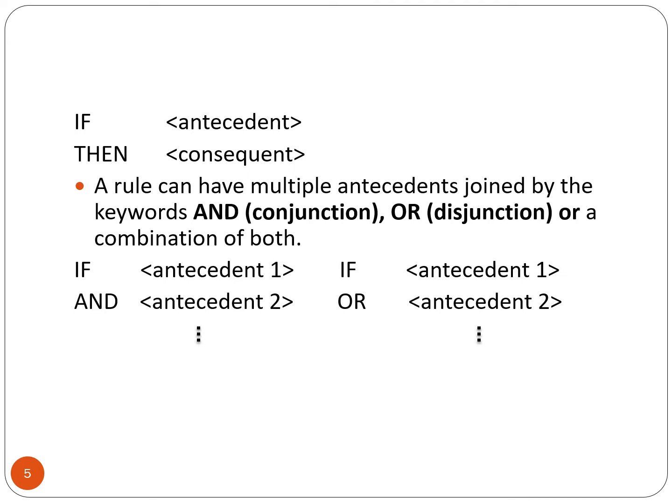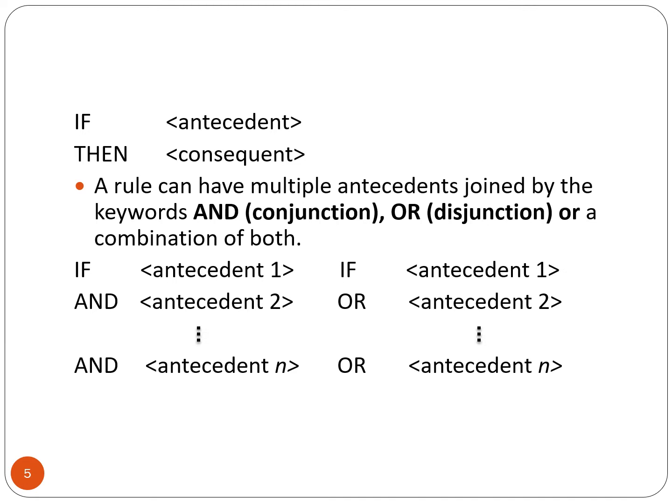Okay, this is the example. You have if, the first antecedent, and then you join it with a keyword and, and then you have a second antecedent, and you can add more.